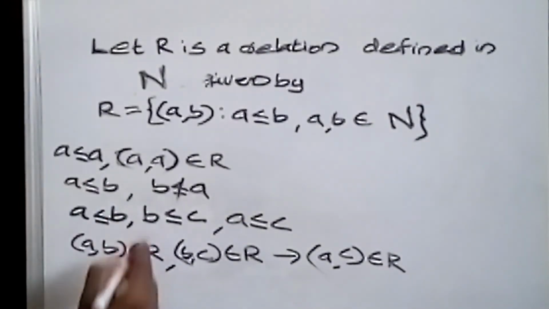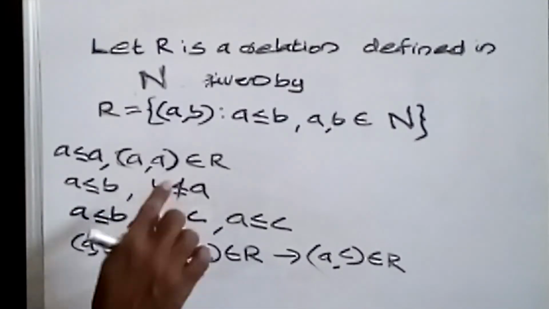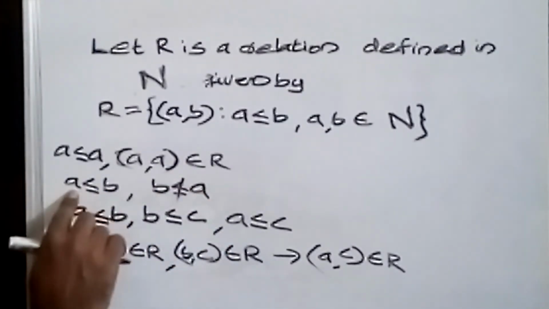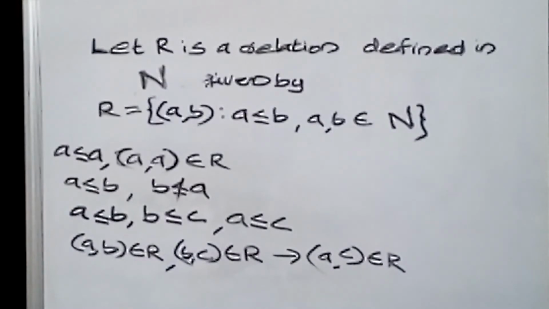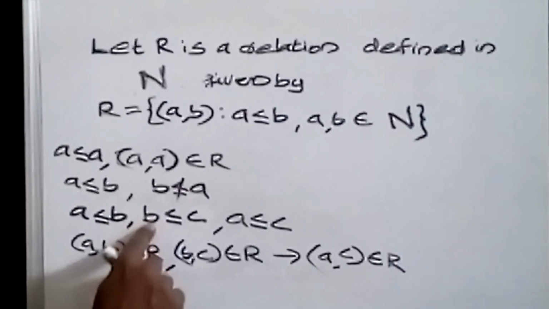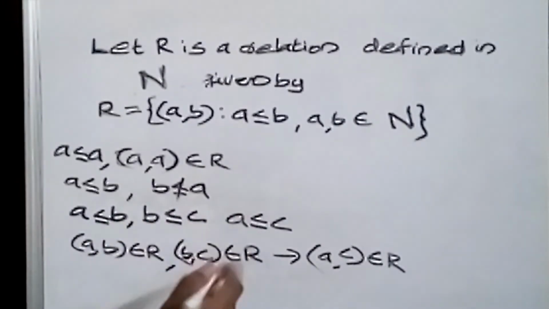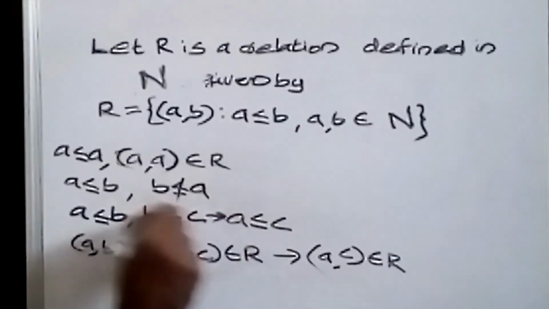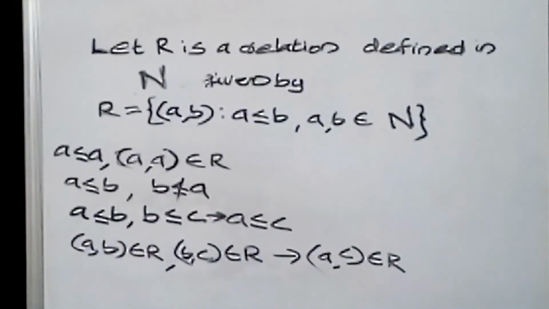A less than or equal to B does not imply B less than or equal to A, therefore it is not symmetric. It is transitive because A is less than or equal to B and B is less than or equal to C implies A is less than or equal to C. Thus, the relation is reflexive, not symmetric, but transitive.